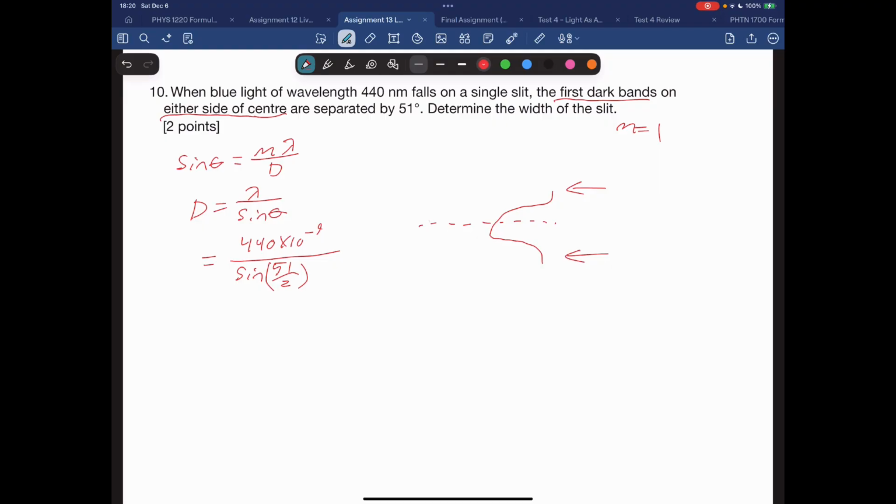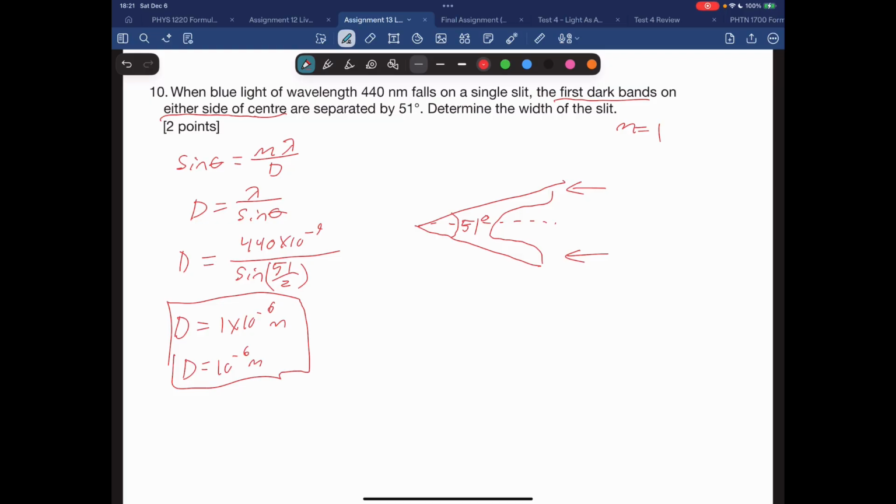So what I have given you is this full angle, 51 degrees. So we need to divide that by 2 for this one. Once you have your numbers plugged in, we get an answer of about 1 times 10 to the negative 6 meters, or just 10 to the negative 6 meters. Both of these are fine.